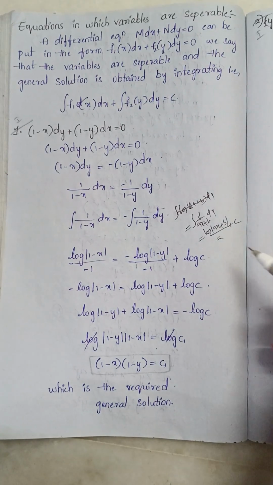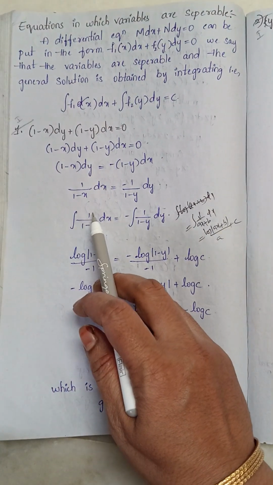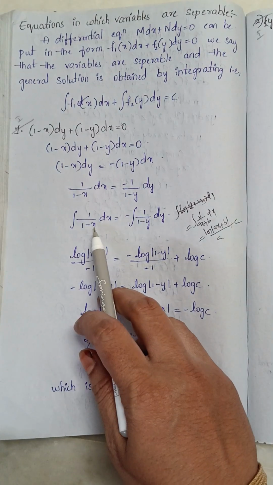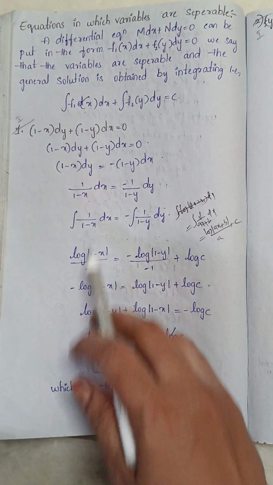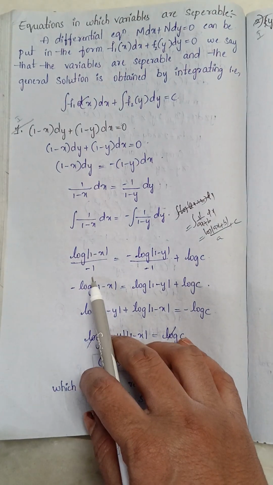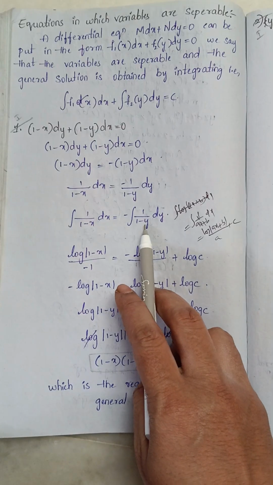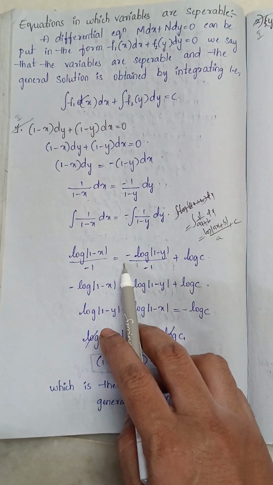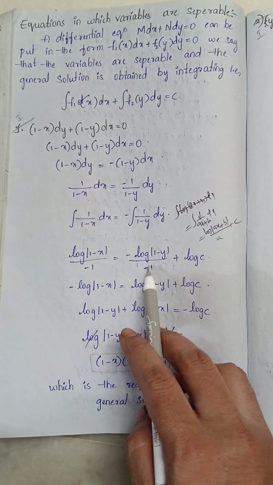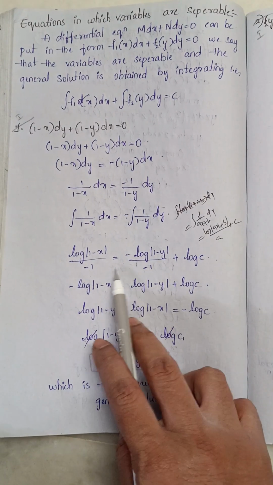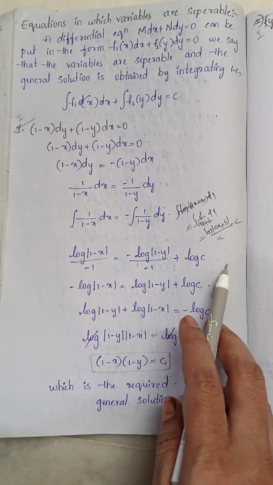Here is one formula. That's why we have the integration 1 by ax plus b form here. Instead of a we have minus 1, so divided by a means minus 1 here. Similarly, multiplying with minus, what will happen? Here y minus 1, or else you can take it as it is, minus log (1 minus y) by minus 1 plus c. Here both are in log, that's why we are taking the constant as log c.